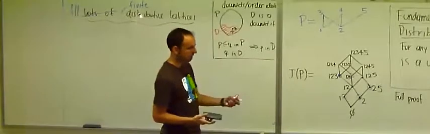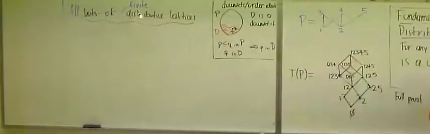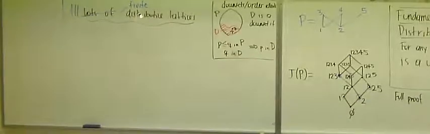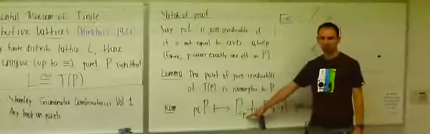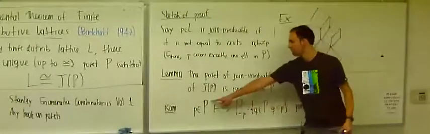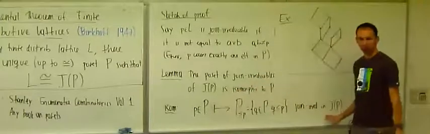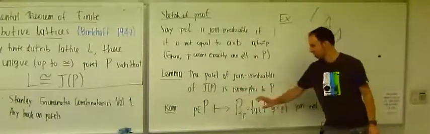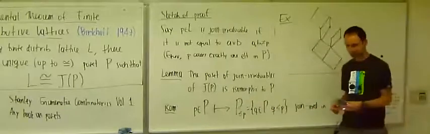So what I'm claiming is that this map from little p to P less than or equal to p is a poset isomorphism between the poset P and the poset of join irreducibles of J of P. It means it's a bijection, and it preserves the order.